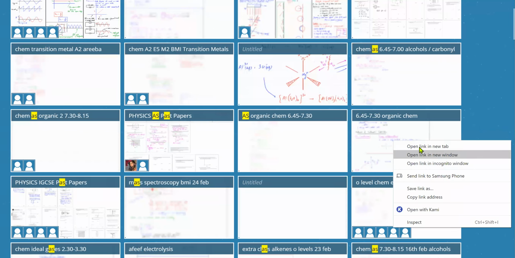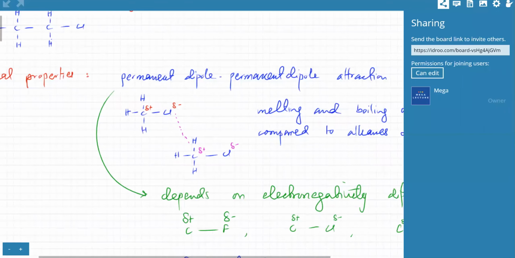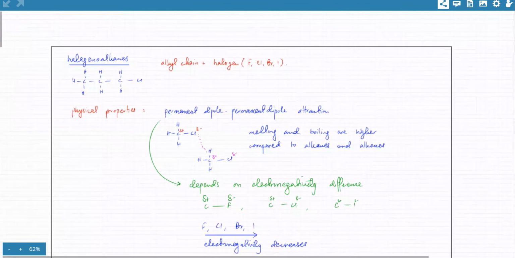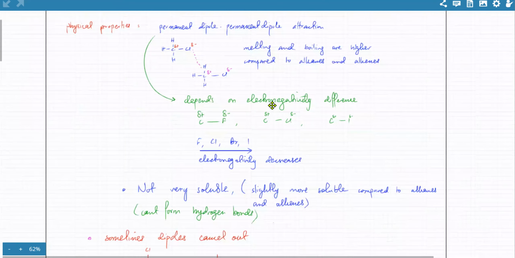Just a second. So I think this was the halogenoalkanes board. Let me label it. So this was the halogenoalkane board.